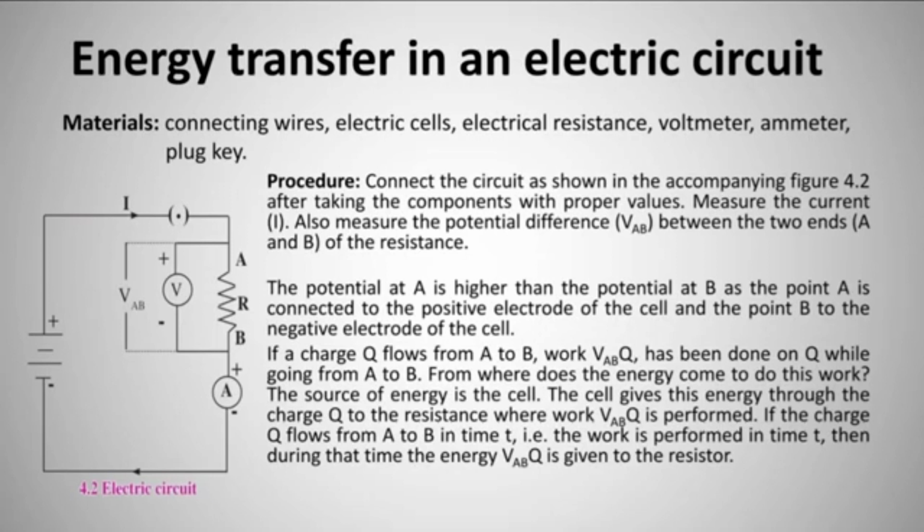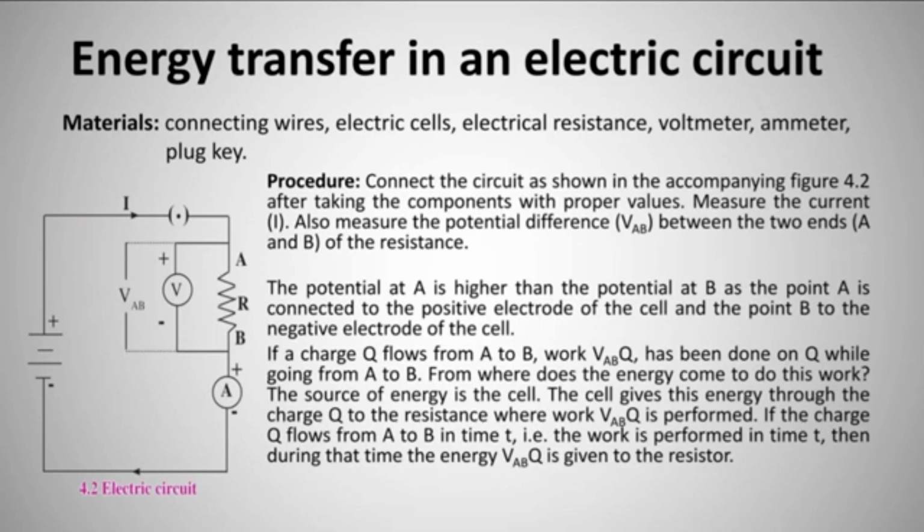If charge Q flows from A to B, work VAB into Q has been done on Q while going from A to B. From where does the energy come to do this work? The source of energy is the cell. The cell gives this energy through the charge Q to the resistance where work VAB into Q is performed.